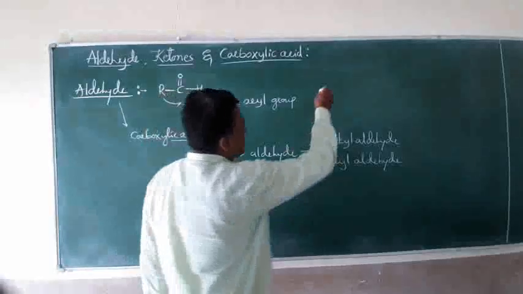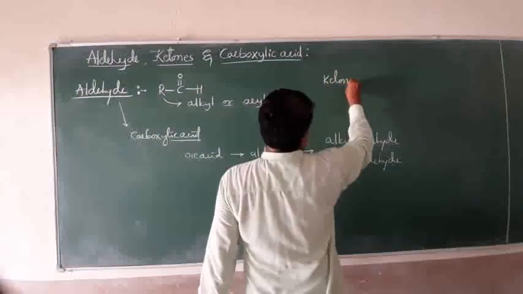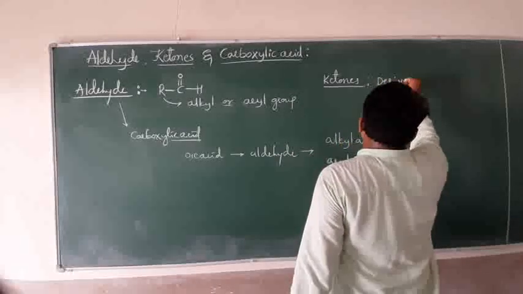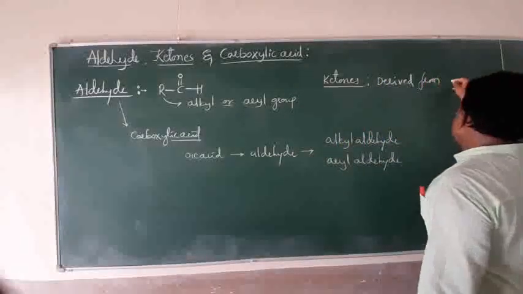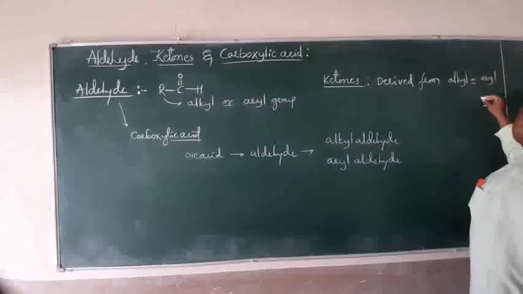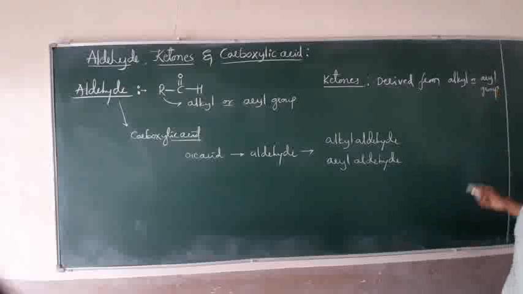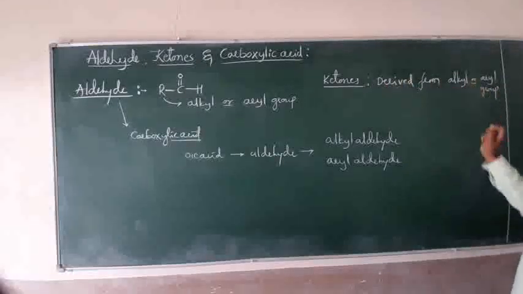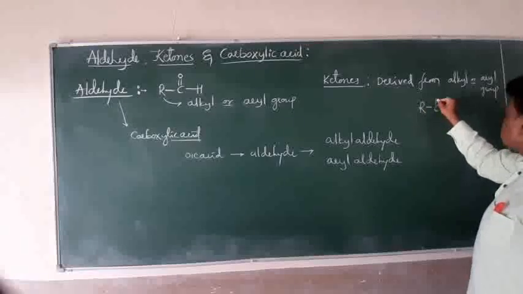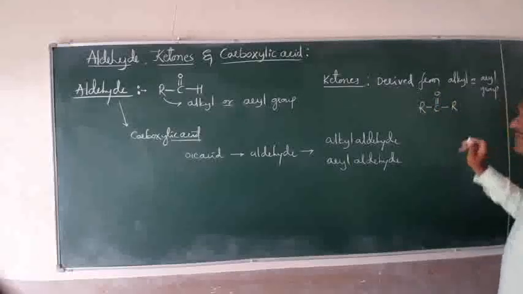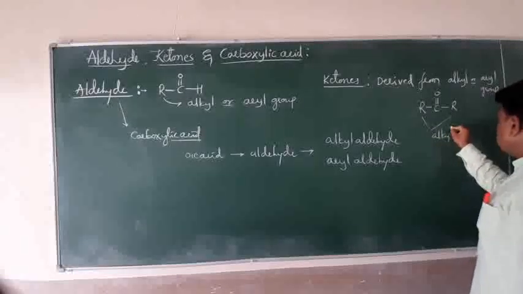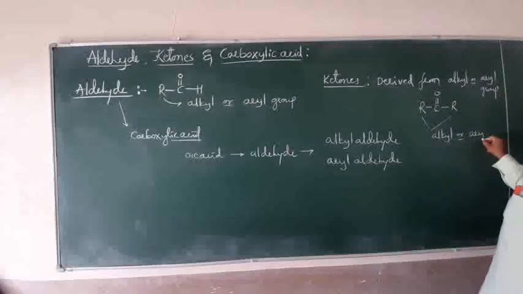Similarly to the ketones, ketones are derived from any alkyl or aryl groups. With the general formula RC double bond O R, this R represents either alkyl or aryl groups.